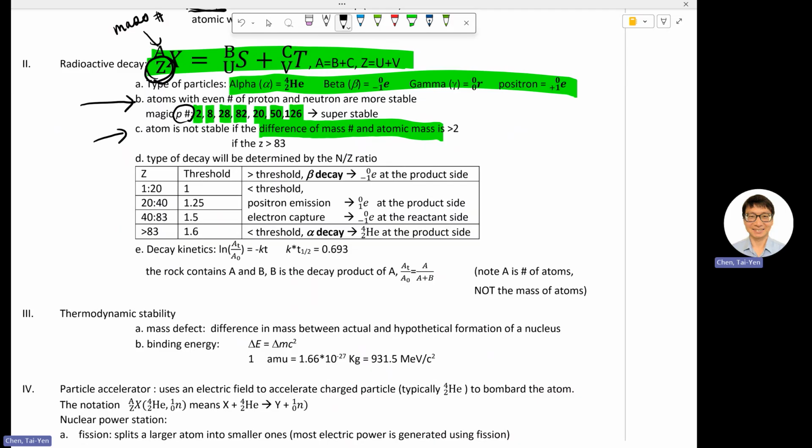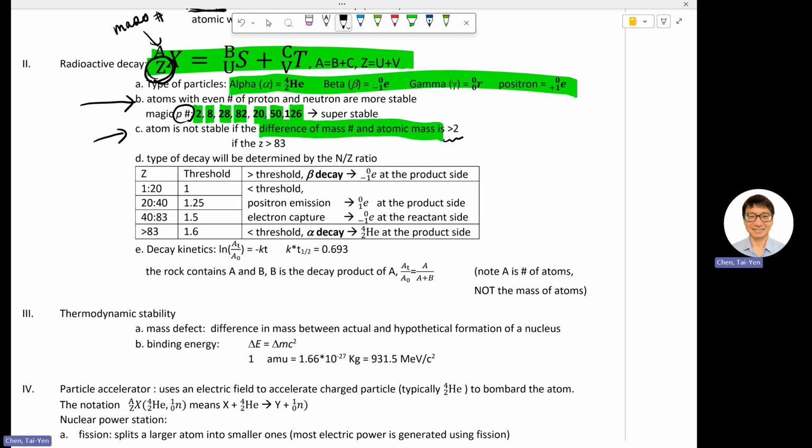Of course, you don't see integers in the periodic table because of isotopes. The atomic mass is the average over all the nuclei in nature, but the most stable one will be dominant and reveal itself in the numbers in your periodic table. So compare the given mass number to the atomic mass in your periodic table. If the difference is larger than 2, then it will be unstable.